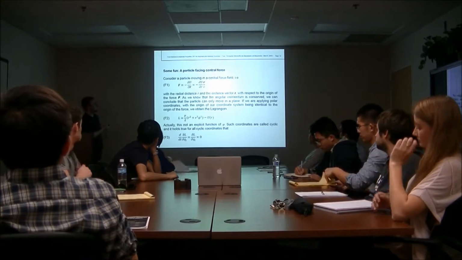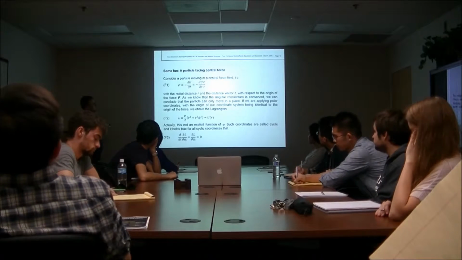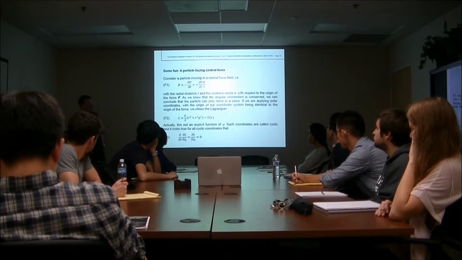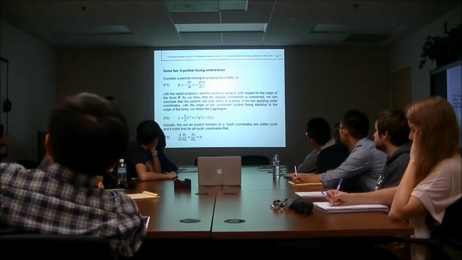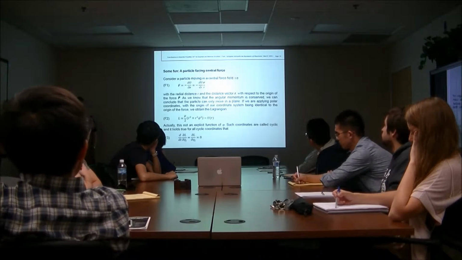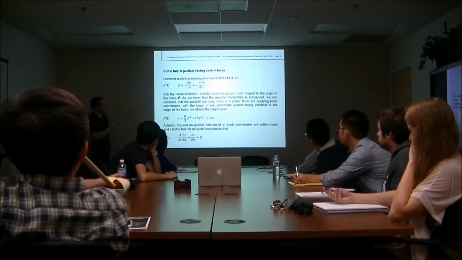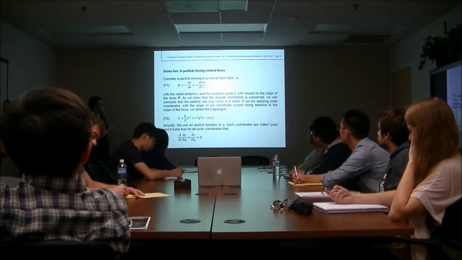The central force is defined in a way that we have a potential which is just depending on the distance. Whenever I'm writing bold, I mean a vector or matrix, and when I'm not writing bold, I mean a scalar. So we have the radial distance r. This is what our potential depends on.